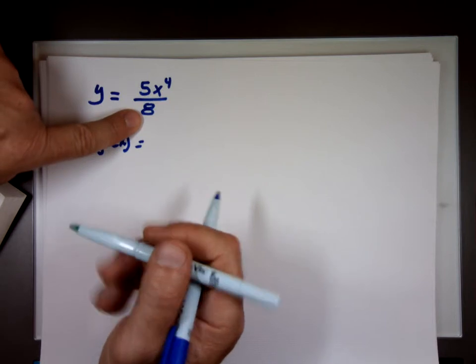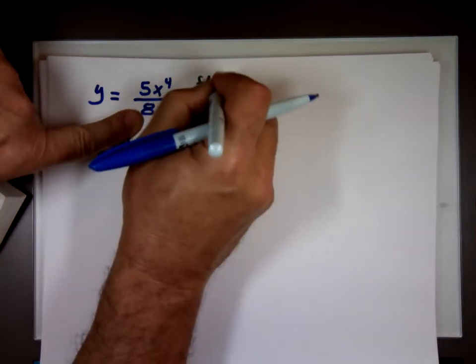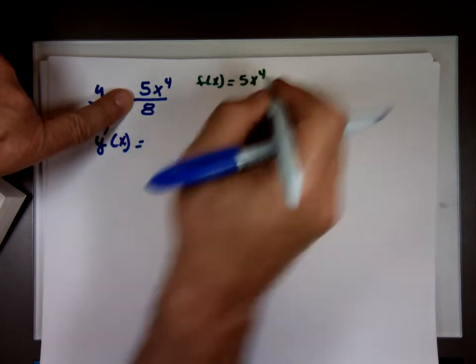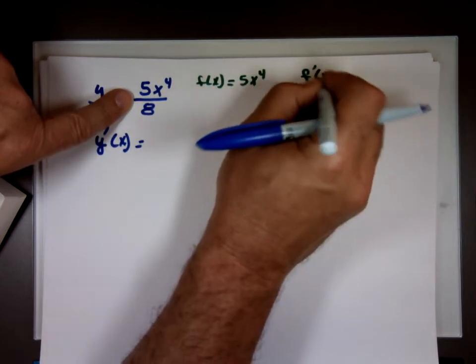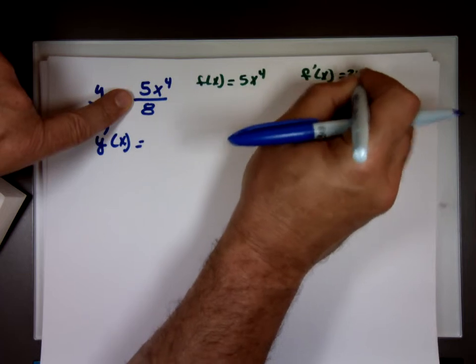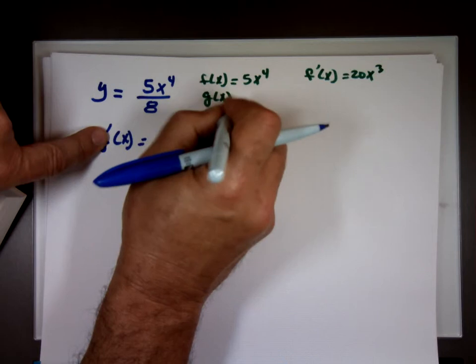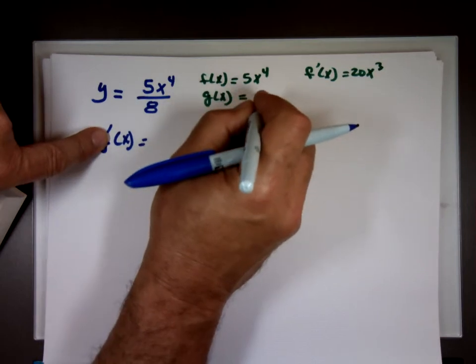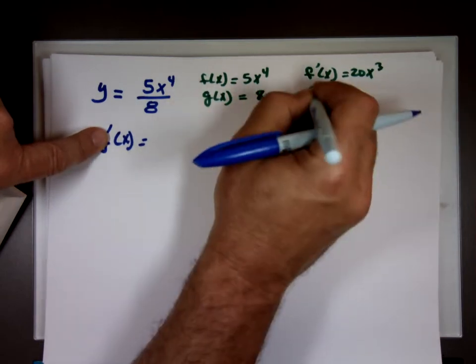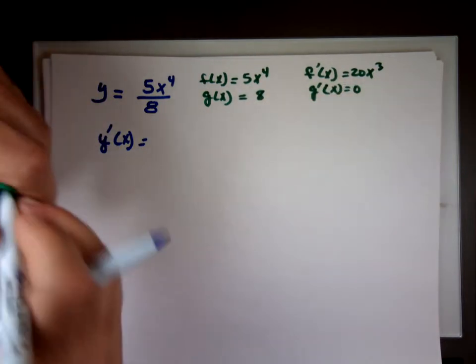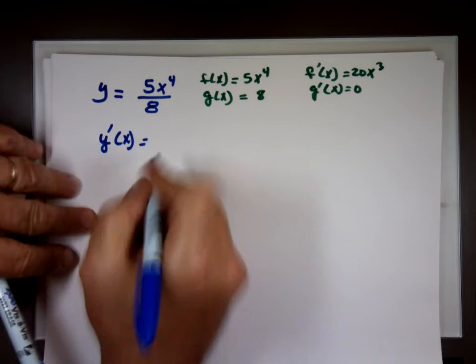So f of x is what? 5x to the fourth. The derivative is what? 20x cubed. g of x is what? 8, and what's the derivative of that? Zero. That's okay. You can have a 0 for a derivative.